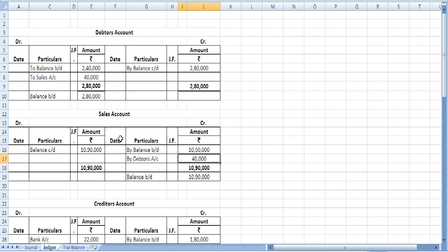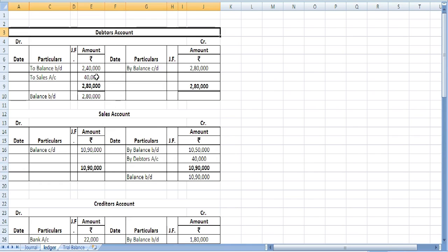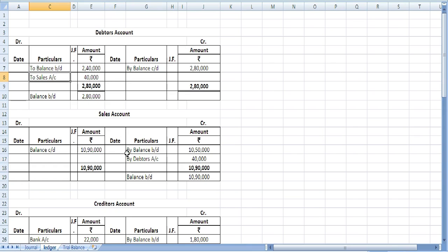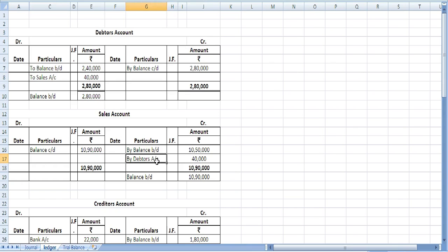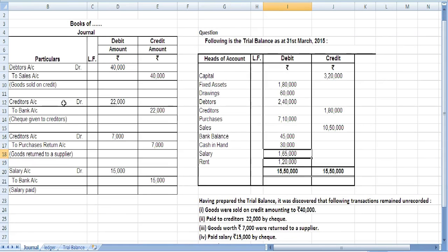Okay, so it has to be posted in both the accounts, double entry, so that there will be no mistake. Debtors to sales: go to the sales, and this will become 'by debtors.' Then next we have creditors to bank account.